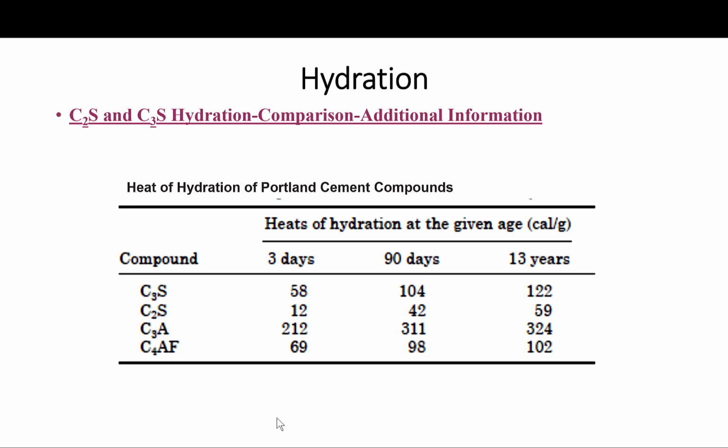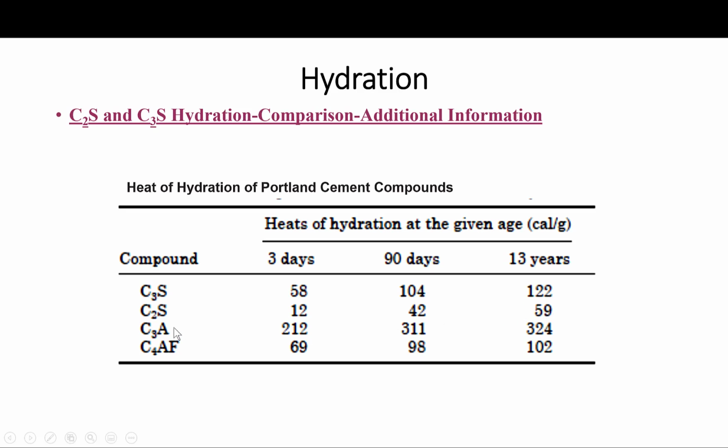This is the table I just mentioned. If you look, these are the heat of hydration at given ages in calories per gram for the various cement compounds. C3S, as you can see, compare it to C2S. It's much larger, of course.